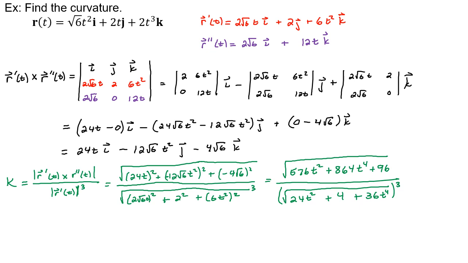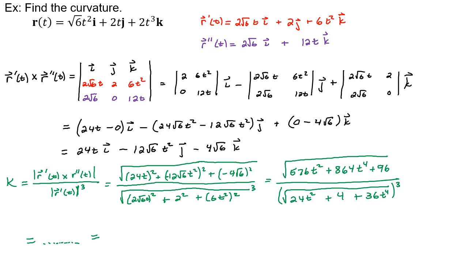Now, if you would like to leave it like that, that is perfectly okay with me. You could do a lot of algebra, and it does simplify. If you factor out the right thing, there's a 96 in common on top, there's a 4 in common on bottom. Then you could get it down to perfect squares that you could cancel off.